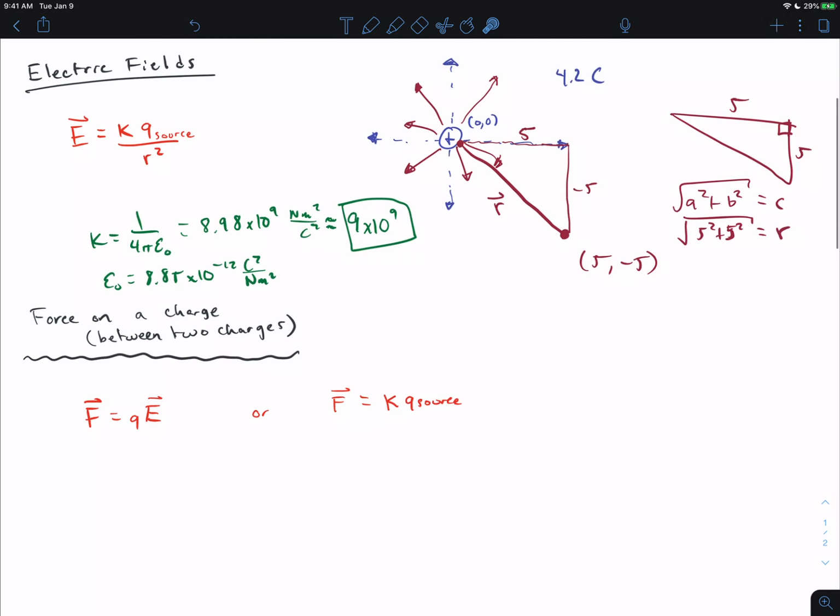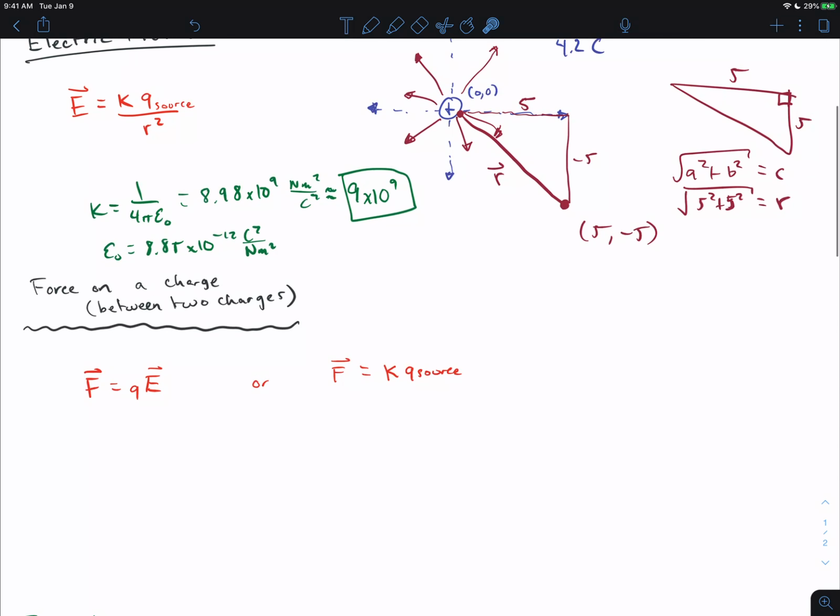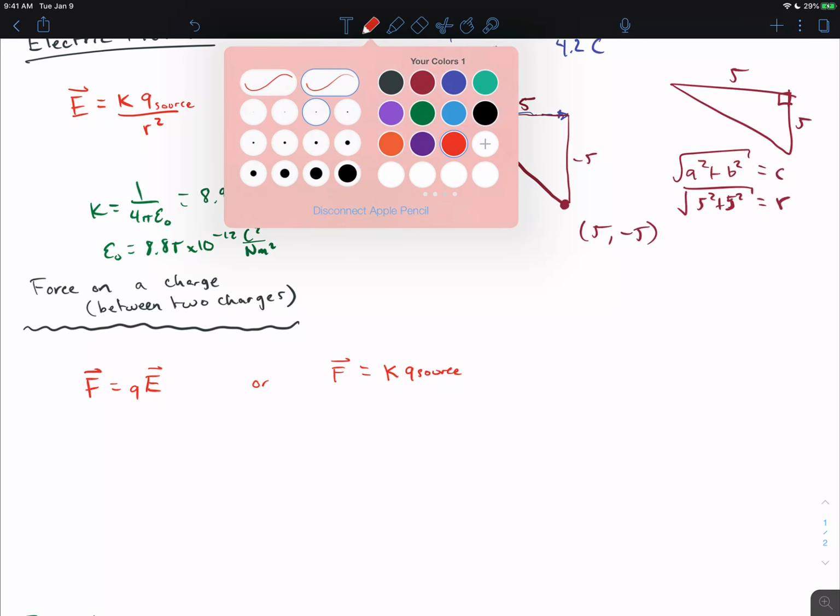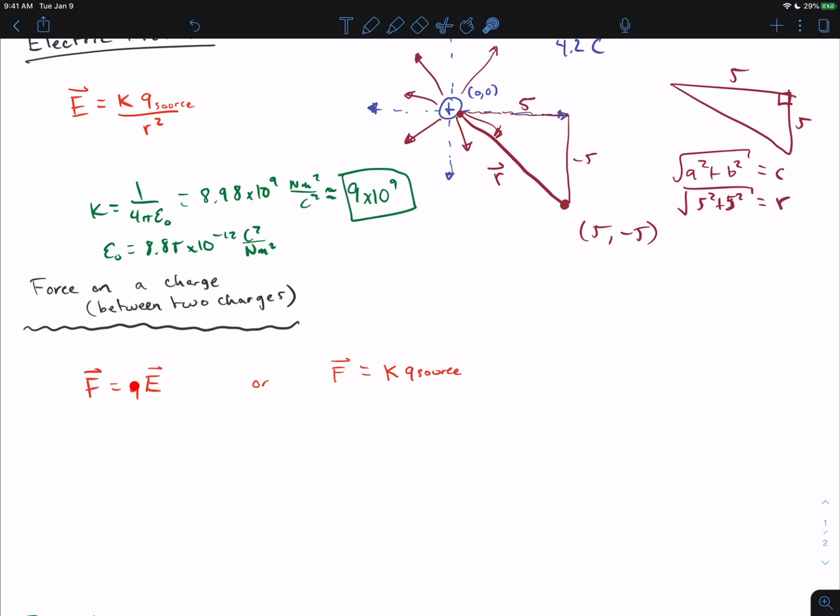The last thing I want to do is talk to you about force on a charge. Both of these formulas are very closely related to each other. If I put a charge out here, and I know the field, how much force would there be on this charge due to the charge here at the origin?